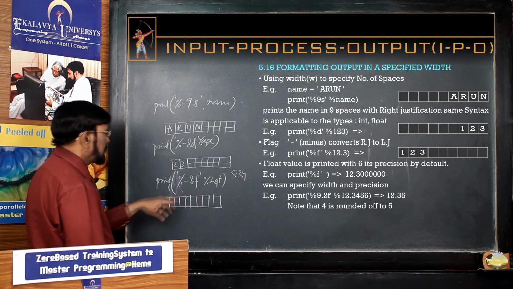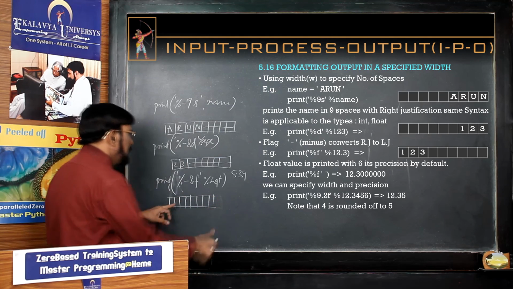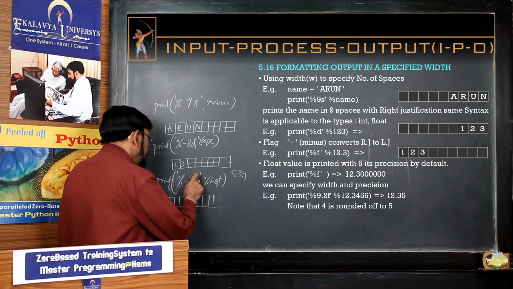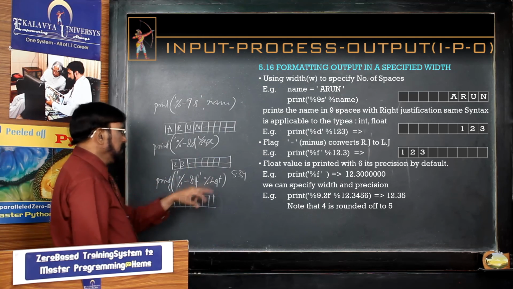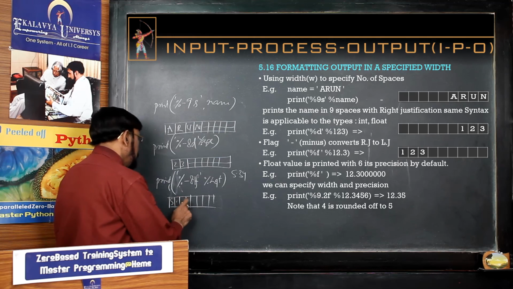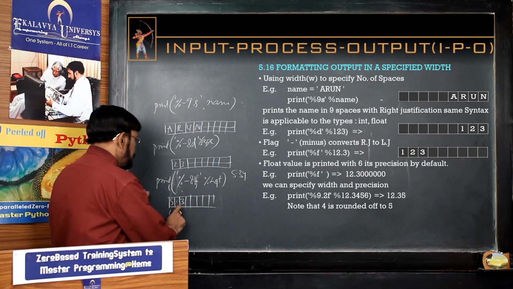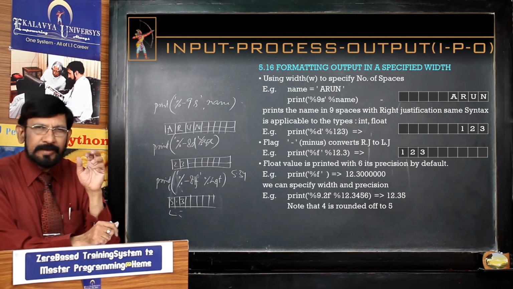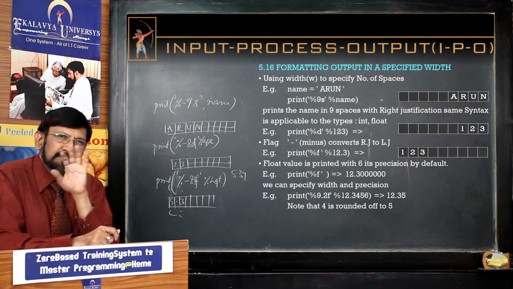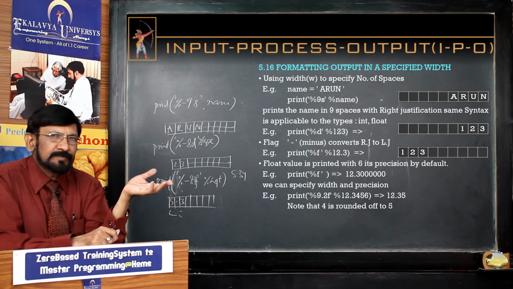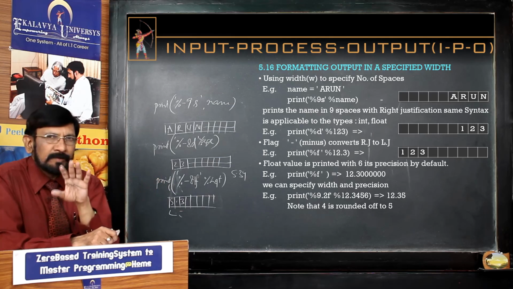The number is printed with a left justification. Here 8.1 I am making, that is why 1 digit only is taken, and 5.3 is printed with left justification. This is the way you can print any data within the specified width, either with a right justification or a left justification, according to the requirements of the program.